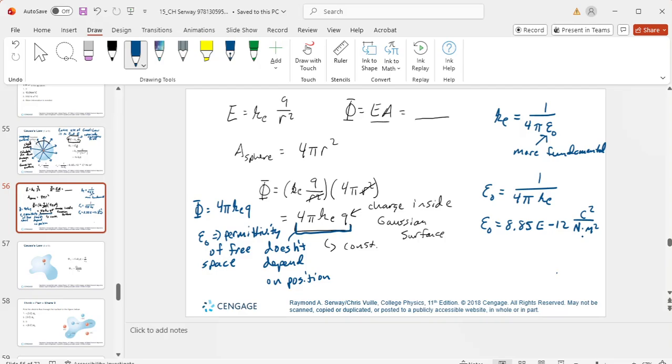Now, why is this important? Remember that what we just showed was that E times A is equal to 4 pi Ke times Q. But now, if I insert this expression for Ke in here, then I get... I'm also going to erase this.